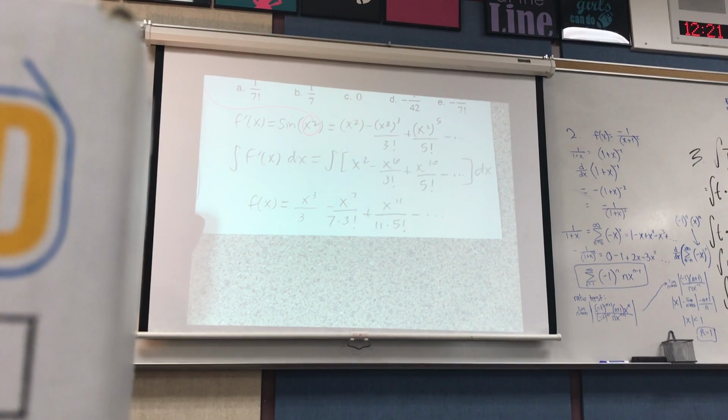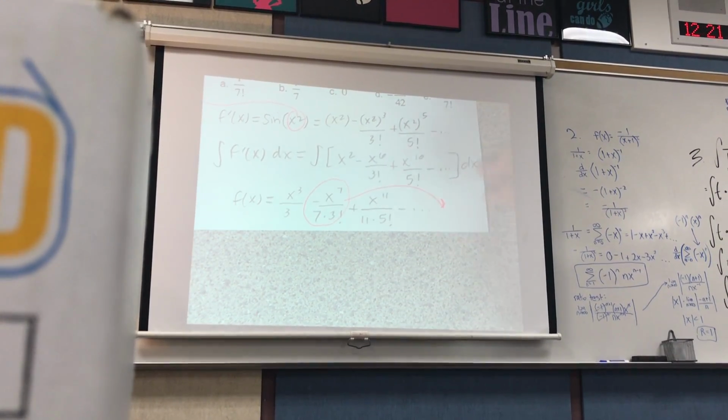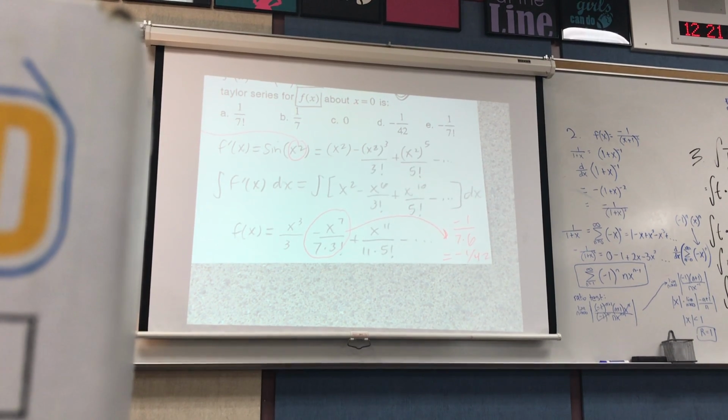Oh, plus 4. Which one do we want? Only one of them. Coefficient. We just want this term, and we just want the coefficient. -1 over 7 times 6. What do you get? Great.